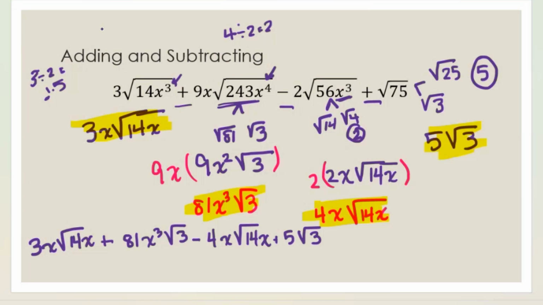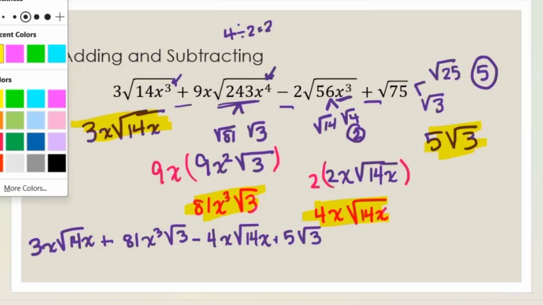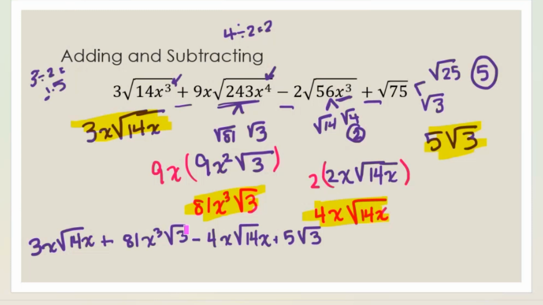All right, to write this in standard form, my focus is going to be on the exponents that are outside of the radicals, and I want to go in descending order. So I'm going to look for the greatest exponent that I see, and I see this x to the third outside. When we are trying to combine radicals, we look at their square root symbol. So I had square root 3 here, and I also have a square root 3 here.